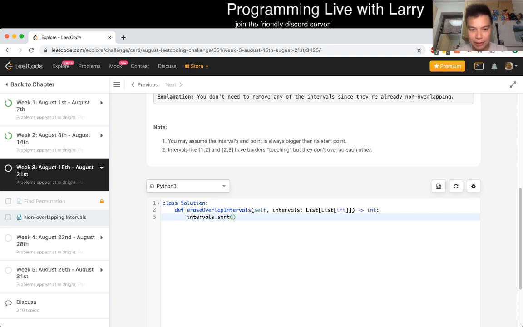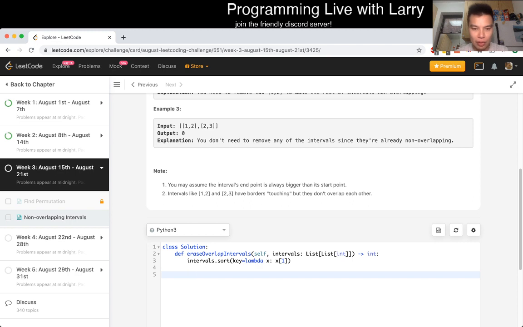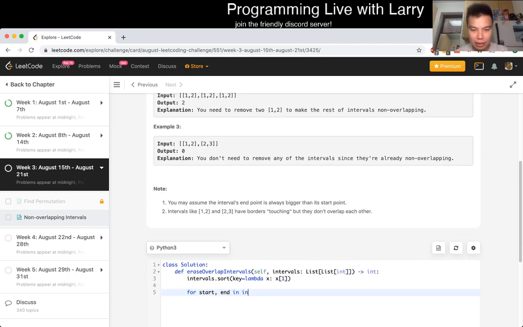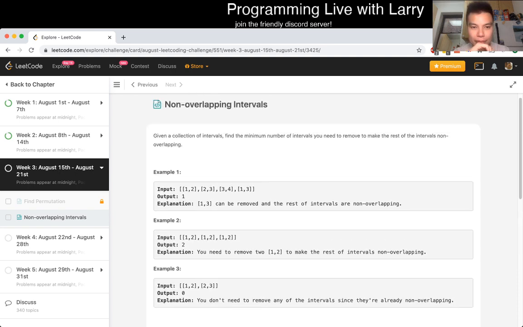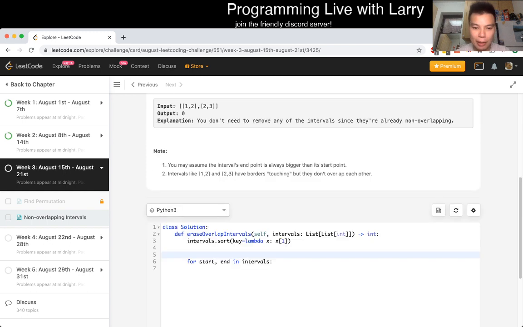Sort key is equal to, and then now for start and end in intervals. So we have to keep track of, in this case, what do we want, right?